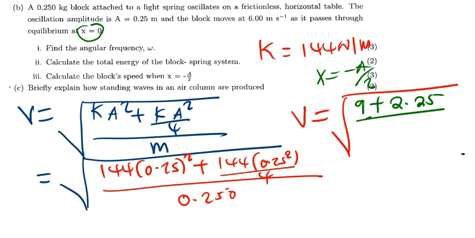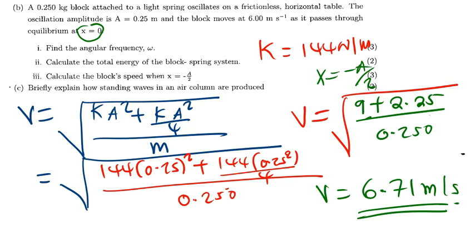Then divide this by 0.250. We expect our velocity to be 9 plus 2.25. I'm getting 11.25. Divide this by 0.250. I'm getting 45. The square root of 45 is 6.708. I've just rounded off to 6.71 meters per second. So that would be the velocity when x is equal to negative a over 2. As simple as that.